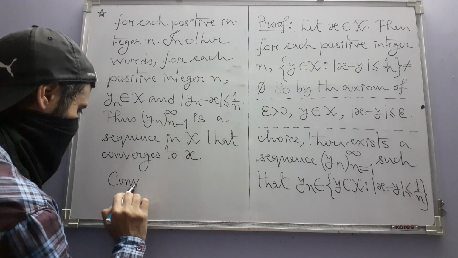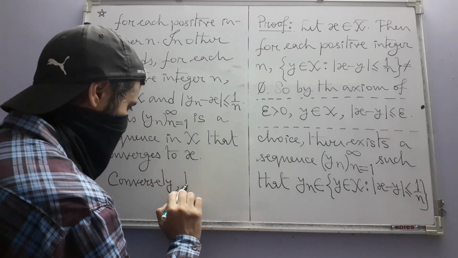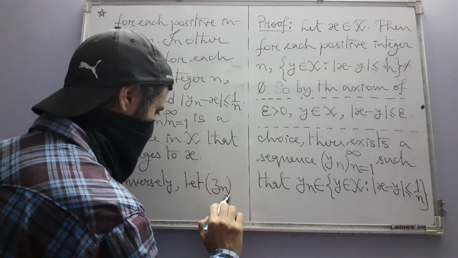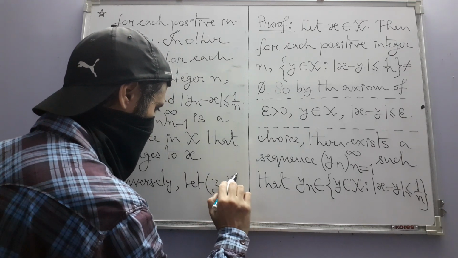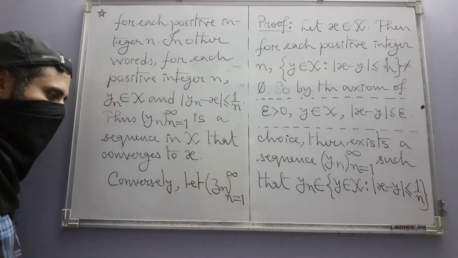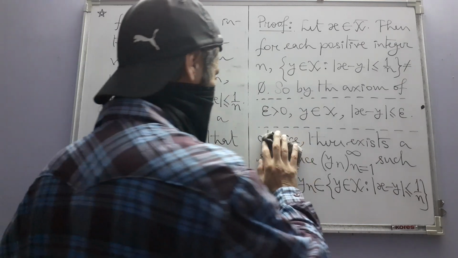Now conversely, let z_n, here if you want you can make n vary from 0 to infinity, but I am just simply taking n from 1.